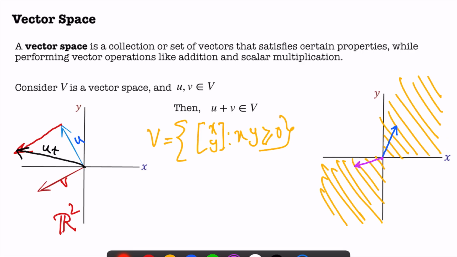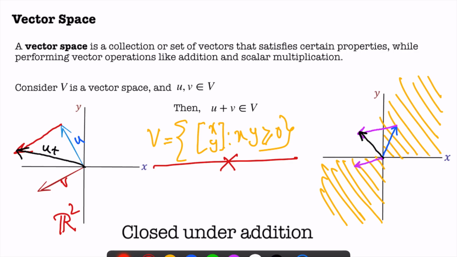Let's add these two. For that we'll move the second vector and place it at the tip of the first one, right? This is our resultant vector. Clearly, this resultant vector is not part of this set. So this set is not a vector space. And this property is called closed under addition. If we add two vectors, the resultant vector should also be inside the vector space.